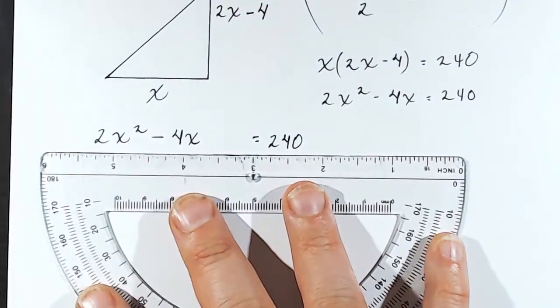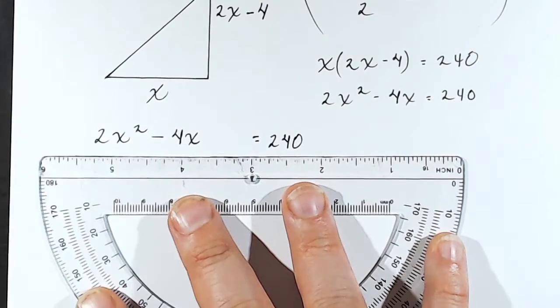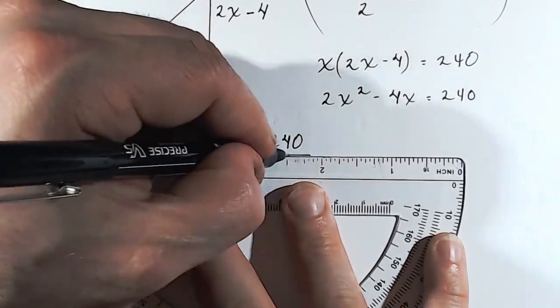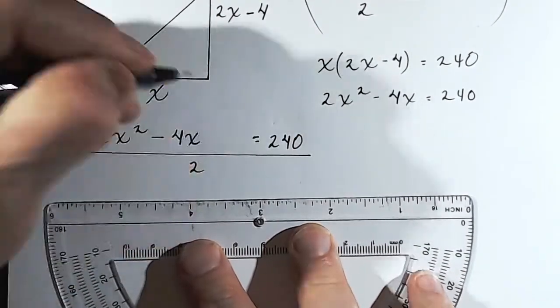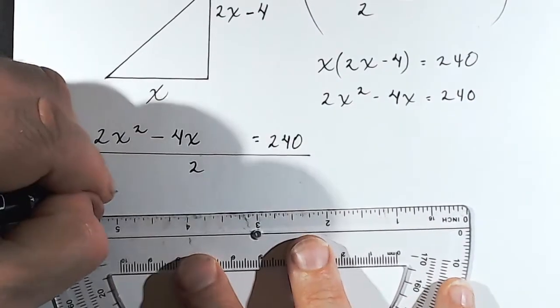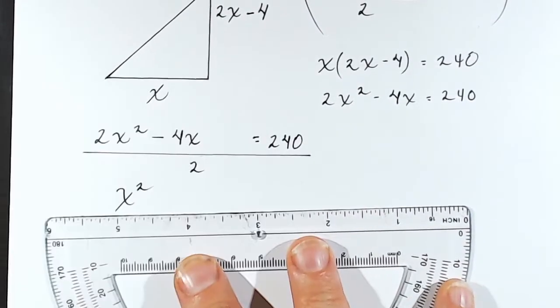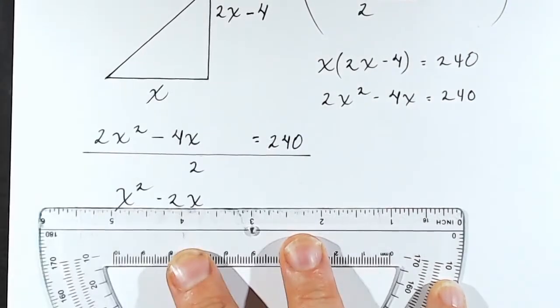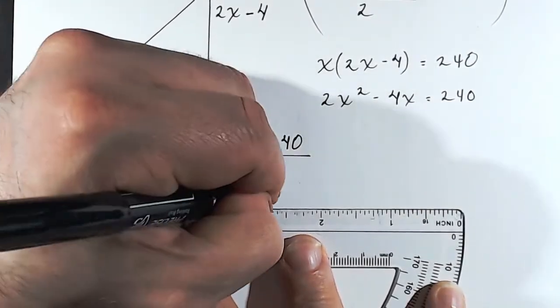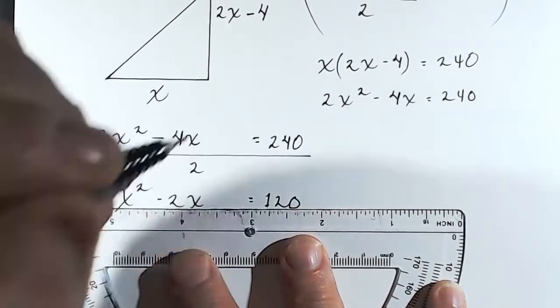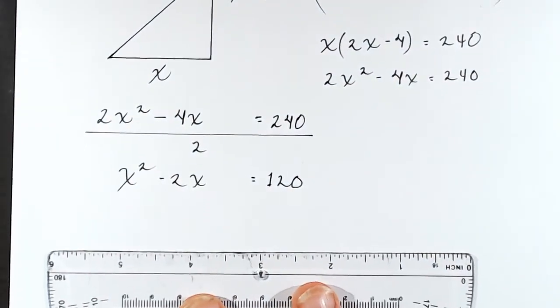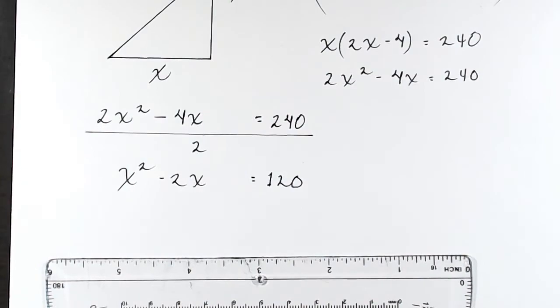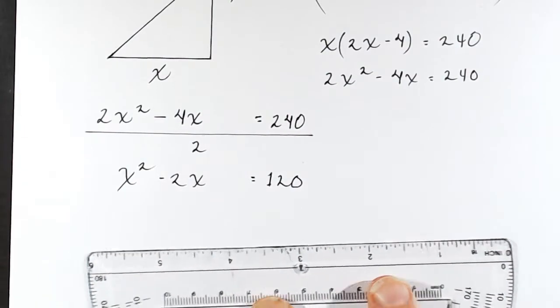First thing I'm going to do is get rid of this leading coefficient of 2 by dividing the entire equation by 2. And so now I have x squared minus 2x equal to 120. Now I take half the middle coefficient and square it. What's half the middle coefficient?